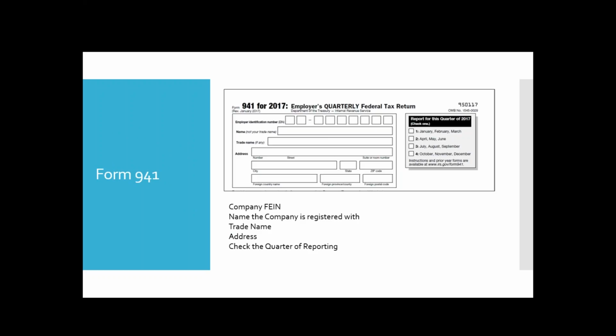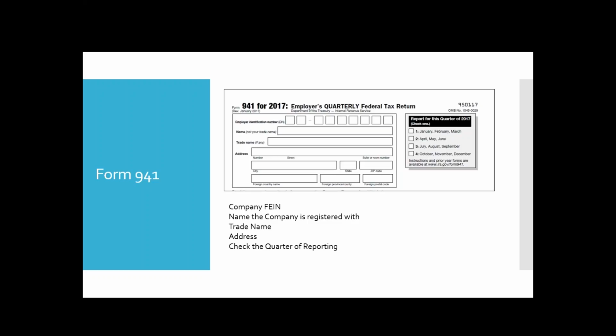So let's take a look at the actual Form 941. The top of the form is the easy part, and that's where you identify your company and the quarter that you're reporting. Now, this information has to match what the IRS has on file for your federal ID number.